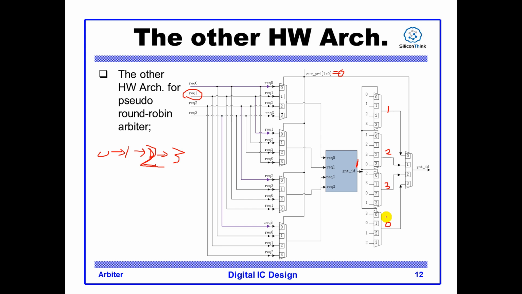Then he will use these muxes to choose the right priority for this cycle. So 1 will be output here.